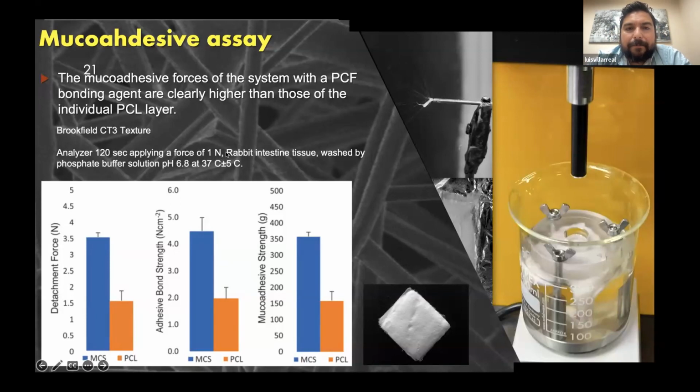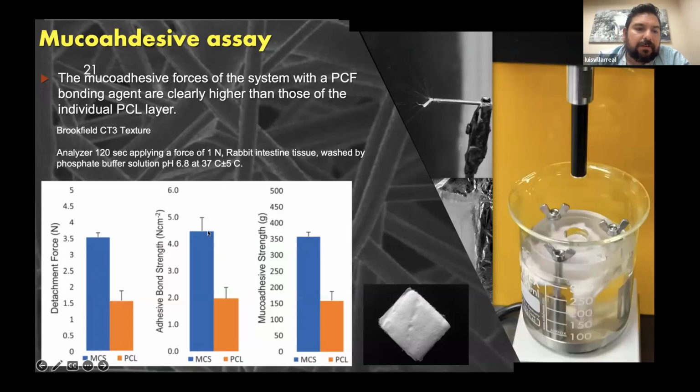This assay was performed in a buffer at pH 6.8 and 37 degrees Celsius, trying to simulate oral cavity conditions.